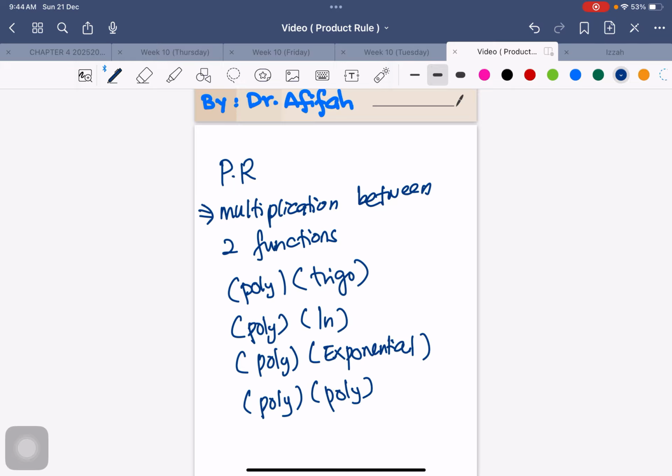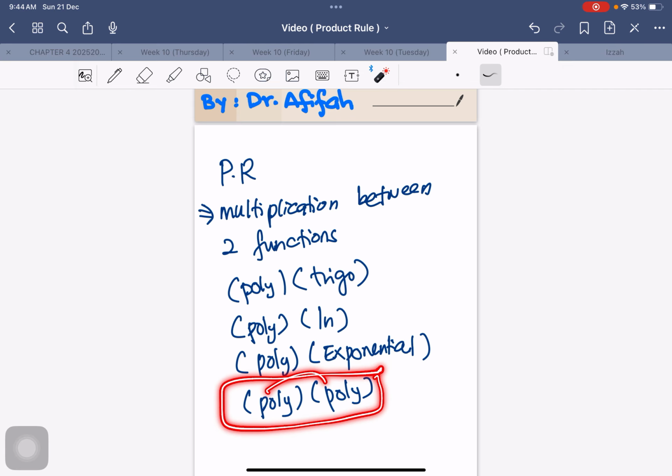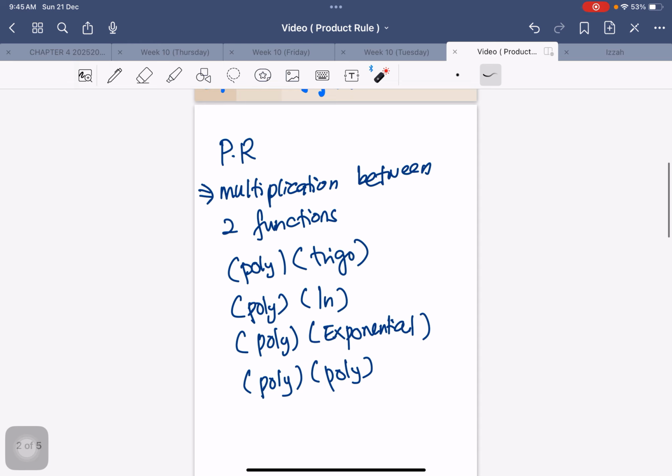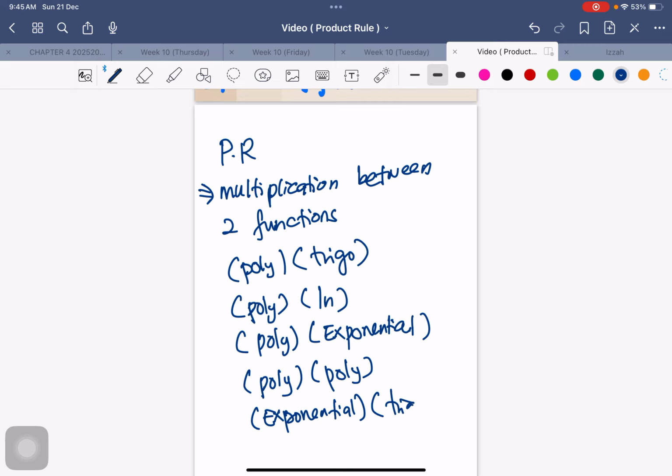In this case, you have an option. Either you expand and differentiate directly, or you use product rule because it's still a multiplication of two functions. You can also have an exponential function with a trigonometric function, exponential multiplied by trigo.